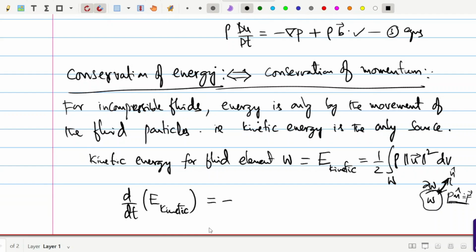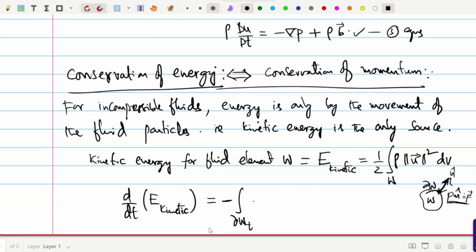So what happens actually here? Minus sign is because N is outward, and you will have this over the boundary of W, on the surface. I'm not writing only forces here. What is that? It represents the work done. This force into, basically, force dot product with velocity.